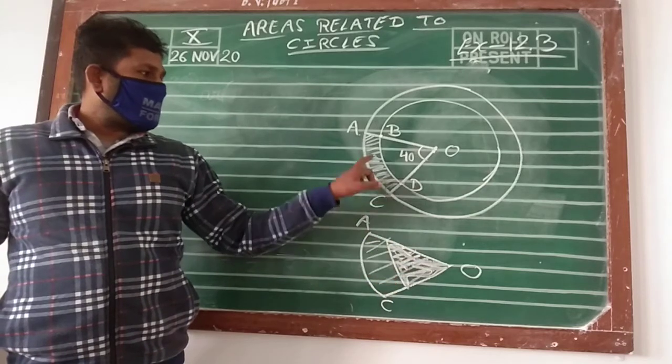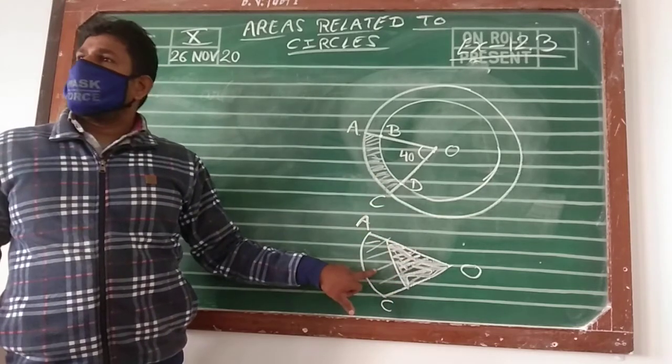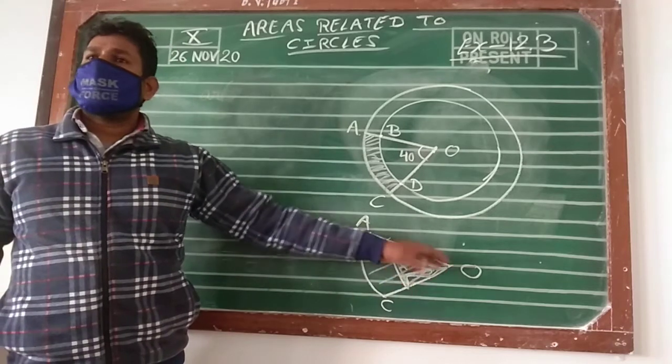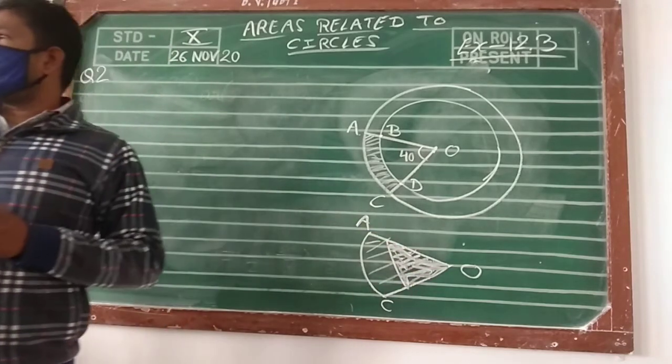But in the given figure, we have to find the remaining portion. It means that from the area of the bigger sector, we are going to subtract the area of the smaller sector.